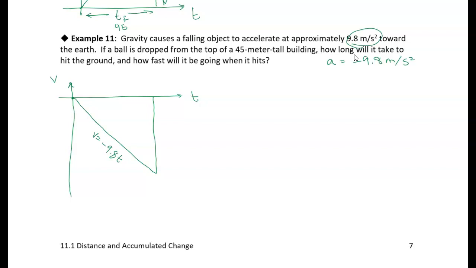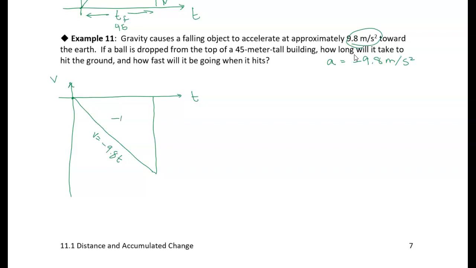All right, so I guess I didn't read the whole question here. We're dropping a ball from the top of a 45-meter tall building. Okay, so we're 45 meters high, and we're asked how long will it take the ball to hit the ground. Okay, so we know that it's going to fall in the downward direction by 45 meters.